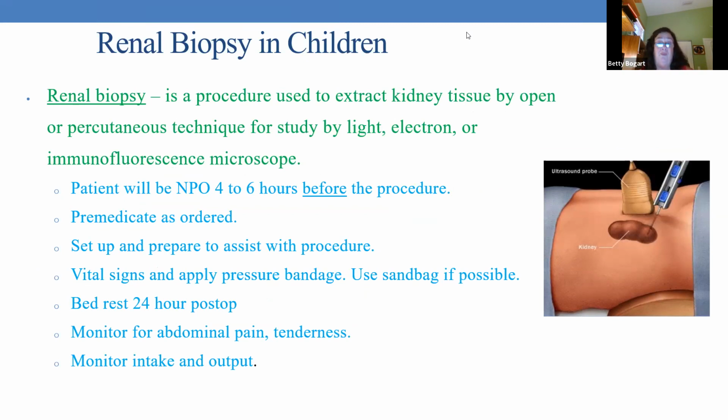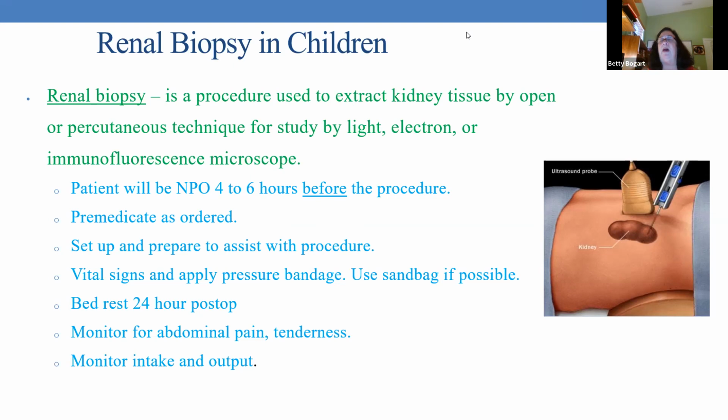They're NPO before, depending on their age, and they'll be getting something to make them drowsy, because they do put a needle through the back into the kidney under ultrasound. If you see that little probe, they have ultrasound, they'll put a needle in and aspirate a little bit of urine. But they've punctured through the skin into the kidney. The chance of leaking out onto the dressing or leaking into the abdomen can happen.